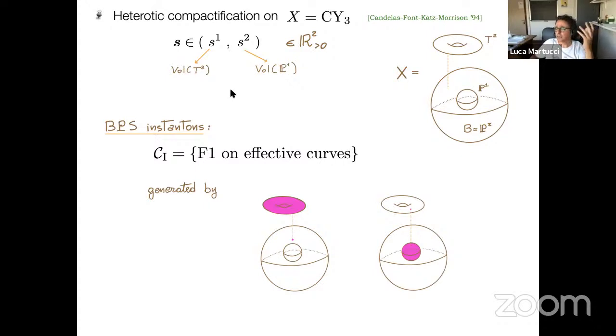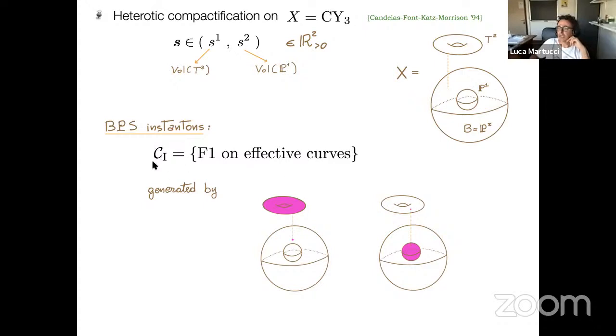Now, here we can see a concrete realization of the general expectation that the corresponding perturbative axionic symmetries are broken by a set of BPS instantons, which can indeed be identified with fundamental strings wrapping such effective divisors.